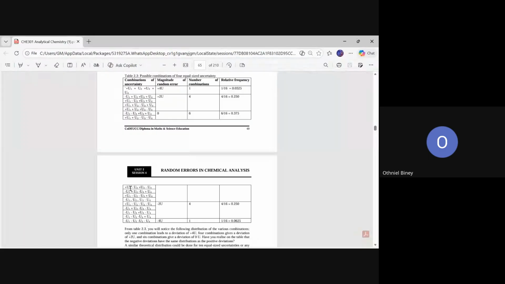The third one, positive U1, negative U2, positive U3, negative U4. So it's how many times we can play with the positive and the negative sign. From this, the number of times you can play with them is 6.